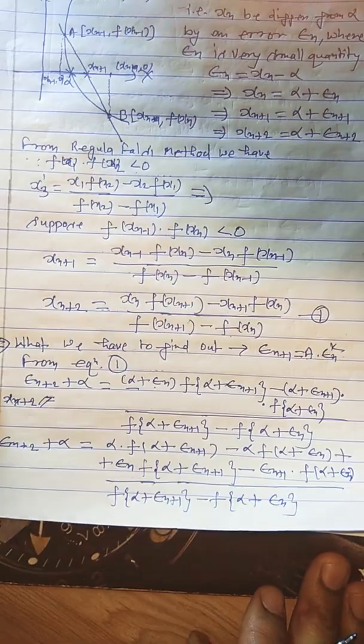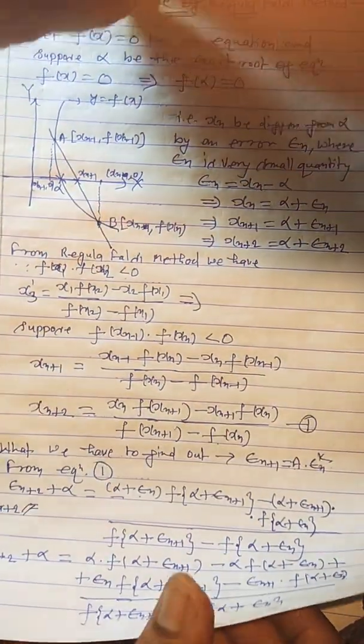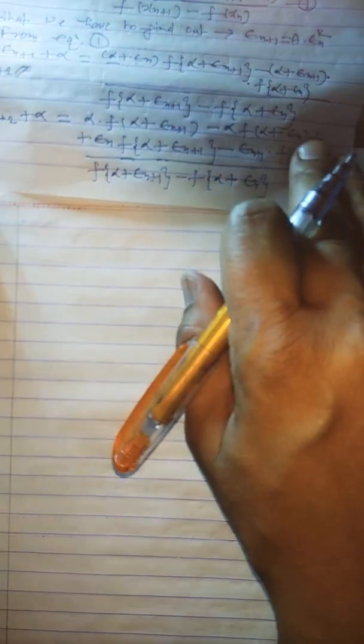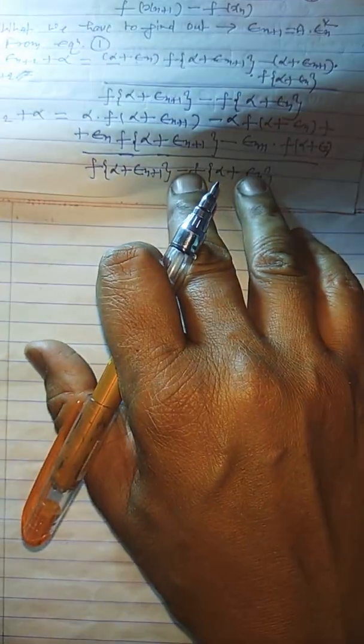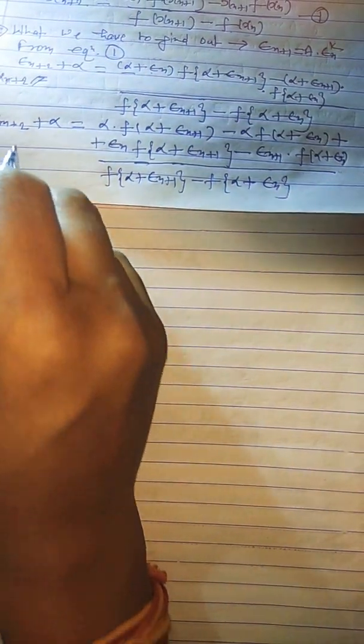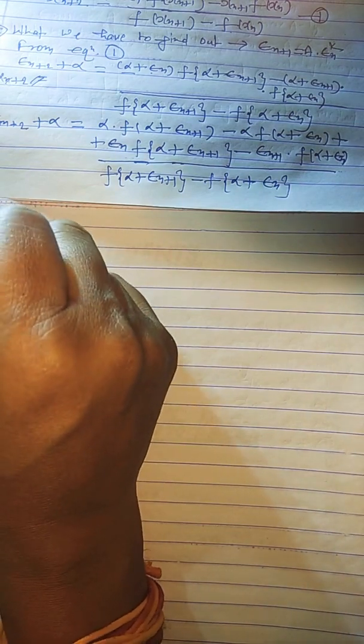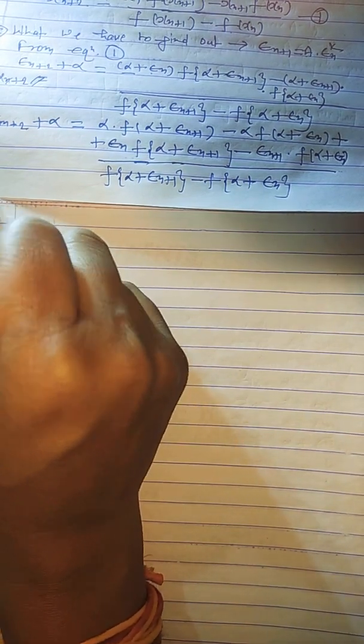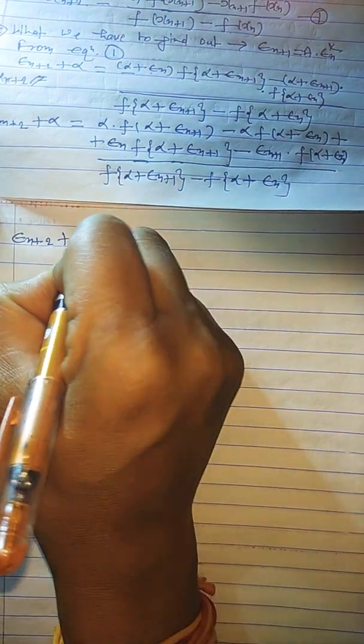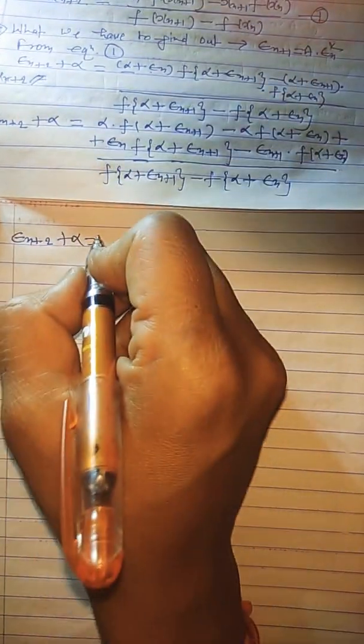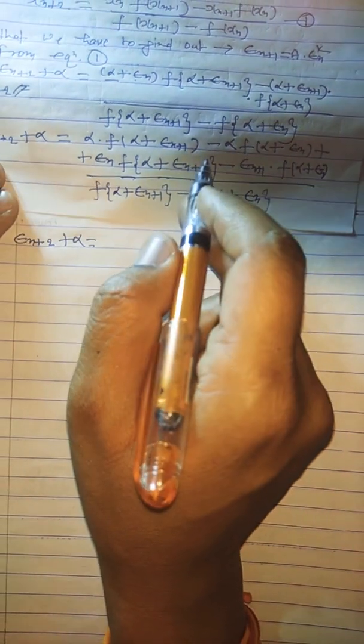Okay, now we take another page. We have to simplify this term. See here, we have epsilon n plus 2 plus alpha. And this is equal to, here alpha is the common term.